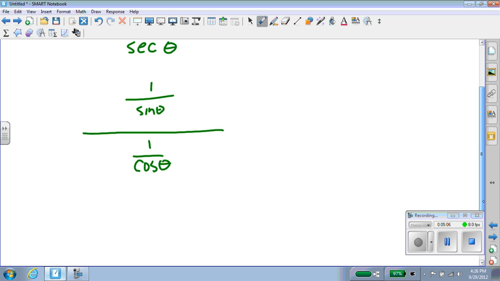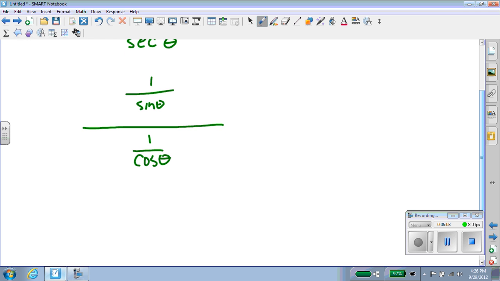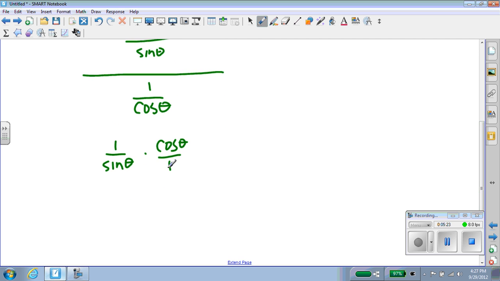I've created a complex fraction, so I'm going to rewrite this as a multiplication problem. 1 over sine theta times cosine theta over 1. And I can't cancel anything, but I can write this as cosine theta over sine theta.